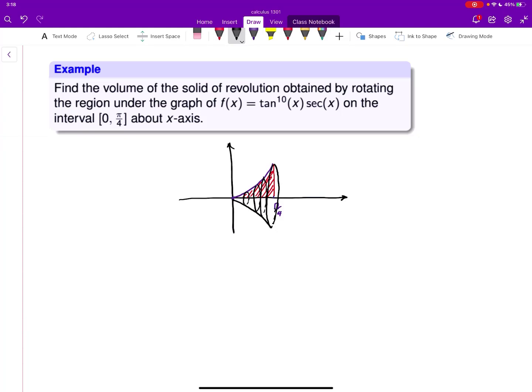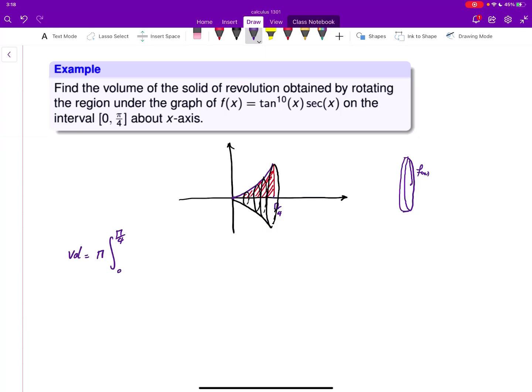But the point is that for these things, the volume of the revolution in this case would be pi integral from a to b of f of x squared. So remember, this thing comes from the fact that the slices we make are cylinders, and the radius is f of x.